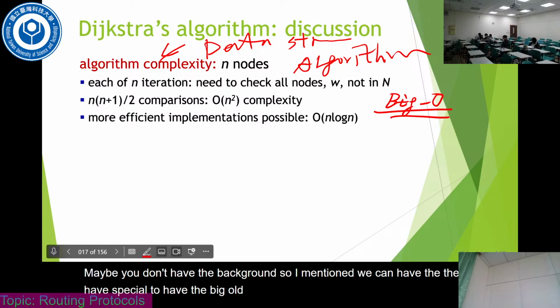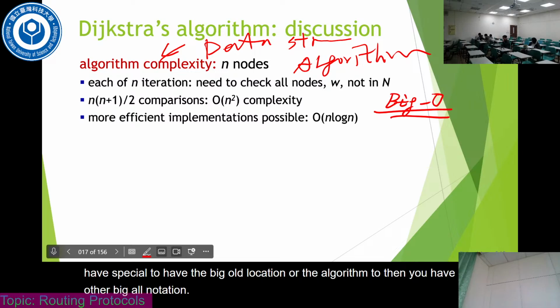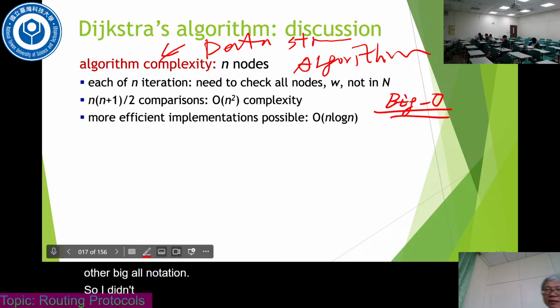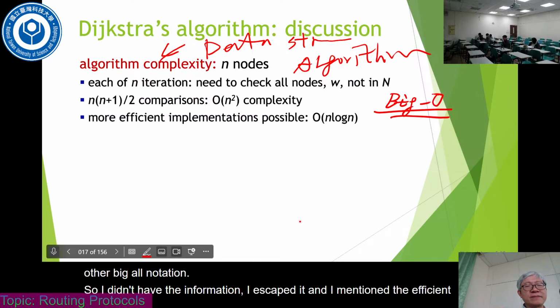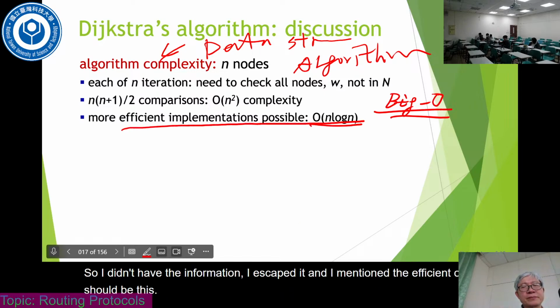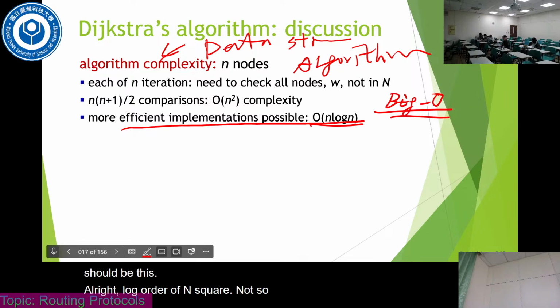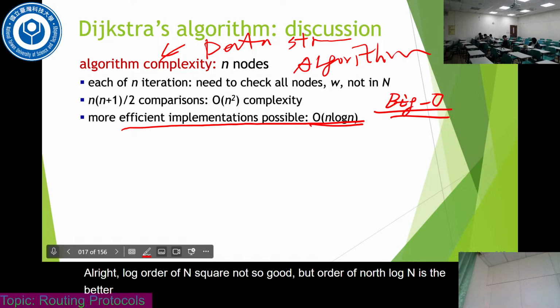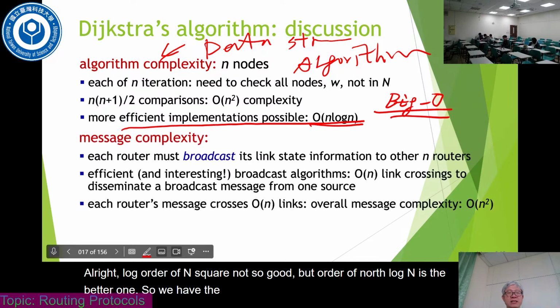I skip the detailed information, but the efficient one should be this: order of n squared is not so good, but order of n log n is the better one.